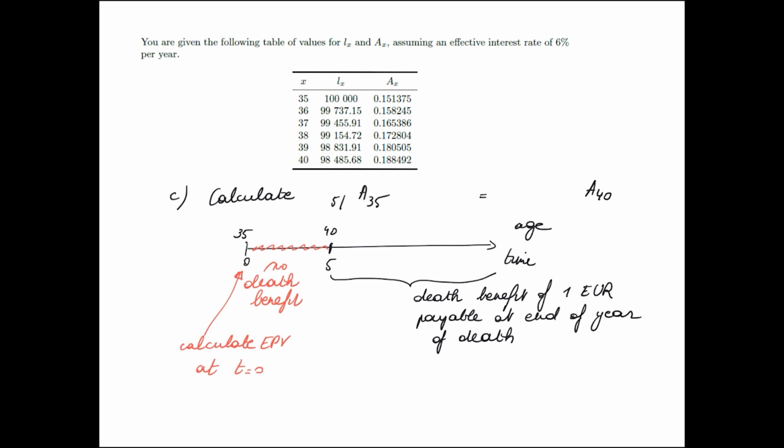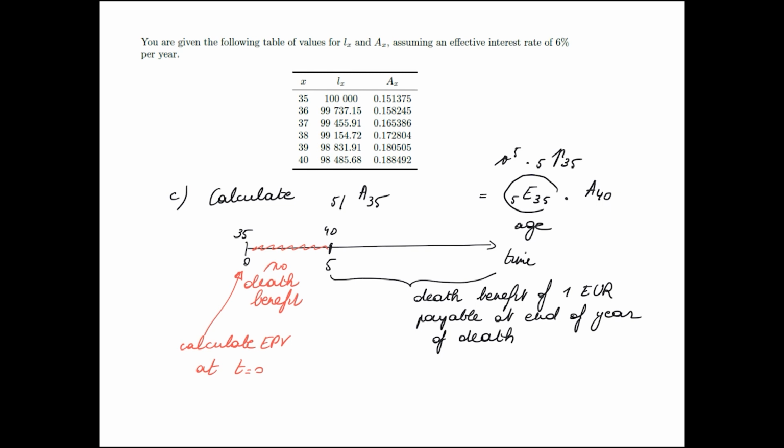But we need to value this thing at time 0. So we're going to discount over a period of 5 years, but we're going to discount with an actuarial discount factor. So we're going to use not only the financial discount factor, but we're also going to multiply with the 5-year survival probability.